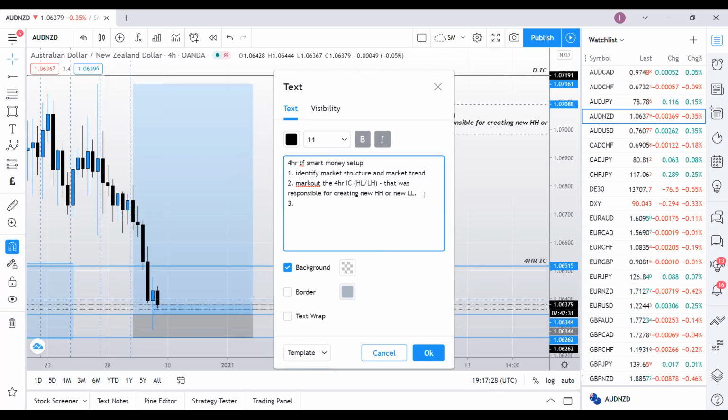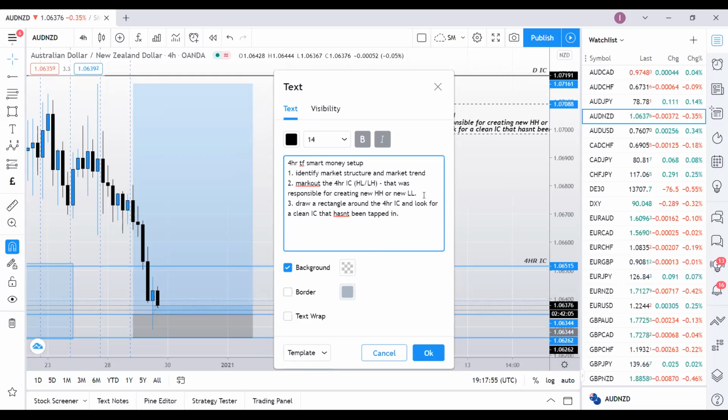3. Once you've marked that, draw a rectangle around the 4 hour IC and look for a clean IC that hasn't been tapped into.